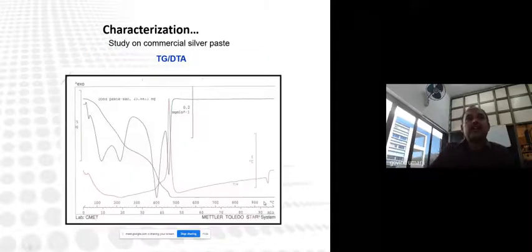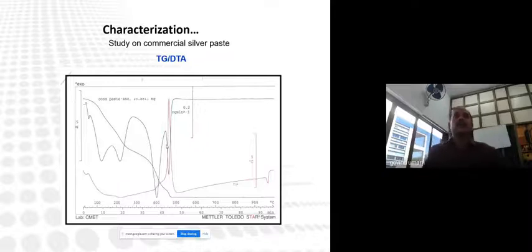Then one more study is required on the decomposition of the organic content. We have to do thermogravimetric analysis, where we can find out at what temperature the organic in these commercial pastes gets decomposed, what the decomposition rate is, and whether it is a single step or multiple steps.